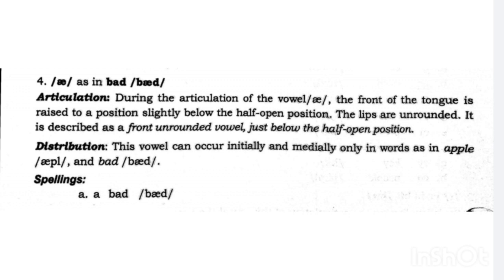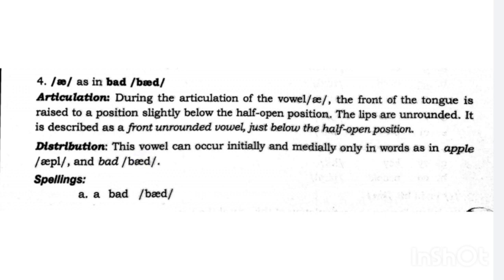This vowel can occur initially, that is its initial distribution, and medially, only in words as in apple and bad, respectively. Initially, in the beginning, in apple, and medially, in the middle, as in the word bad.